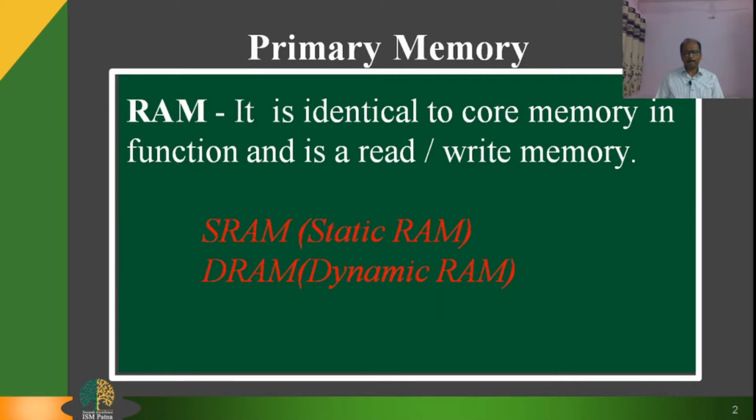So, as I told you, RAM and ROM are the two types of primary memory. Now, RAM is identical to core memory in function and is a read write memory. Data can be stored in RAM by addressing one RAM cell.